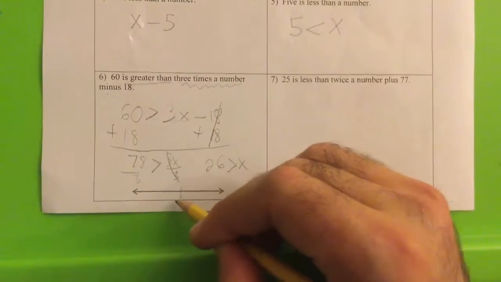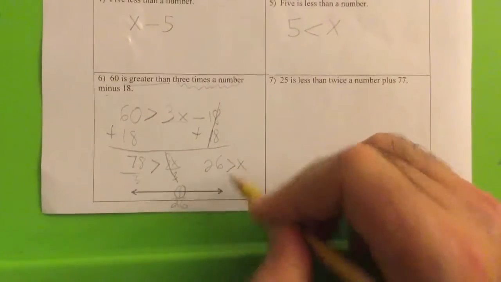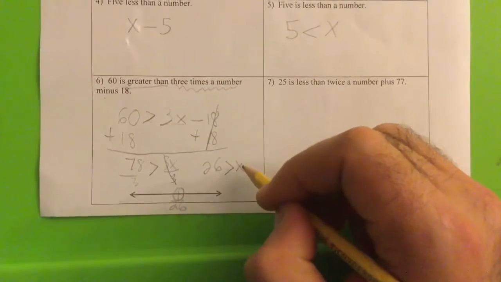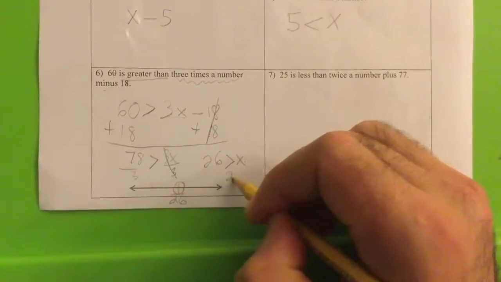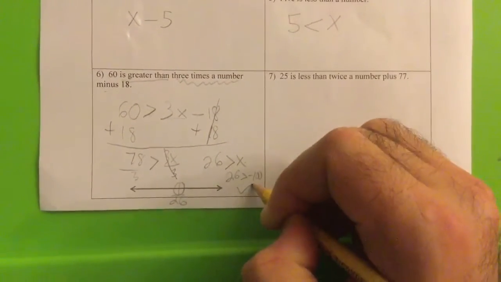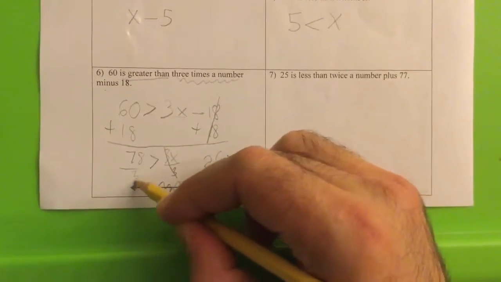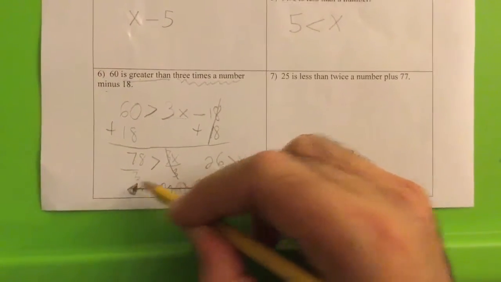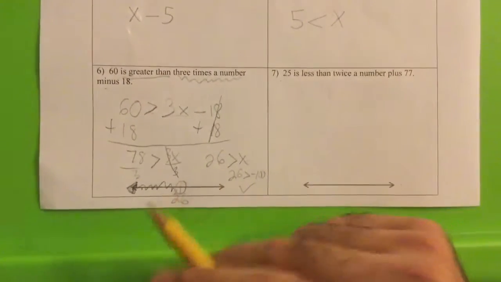So here's my 26. We have an open circle because there is no or equal to bar. And something that would fit in here would be negative 100. So 26 is greater than negative 100. There's my check. Negative 100 is on this side, so I'm going to shade this way. Go ahead and do number 7 on your own, and then we'll go over it.